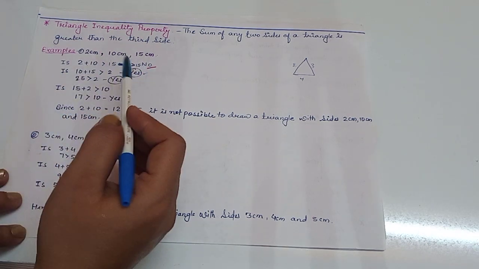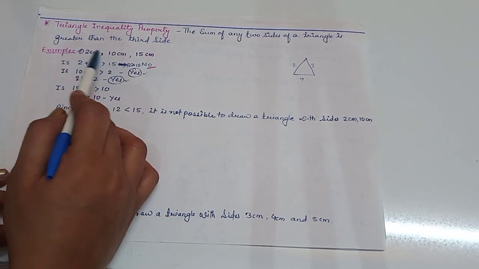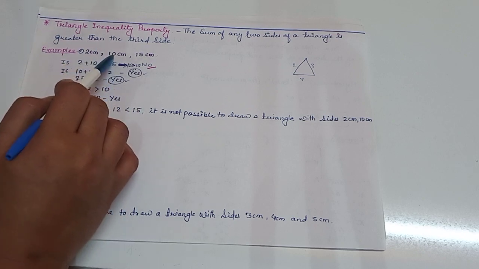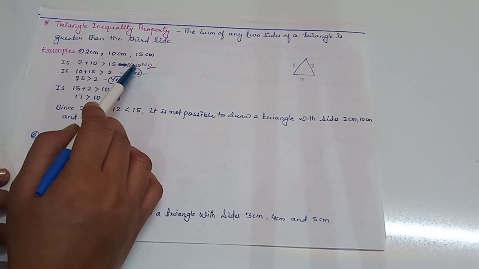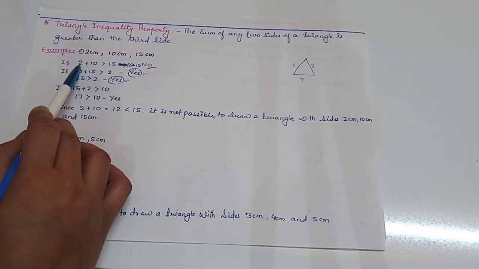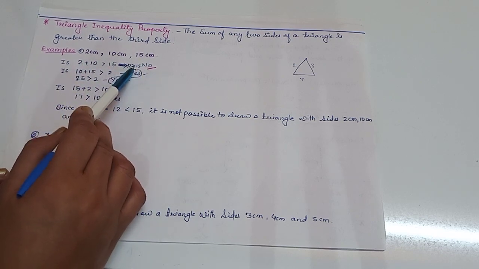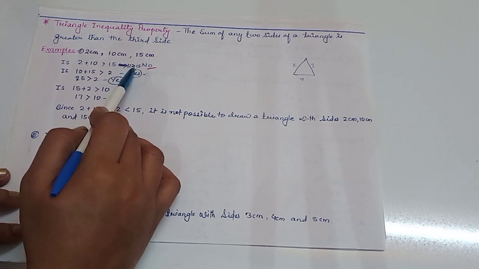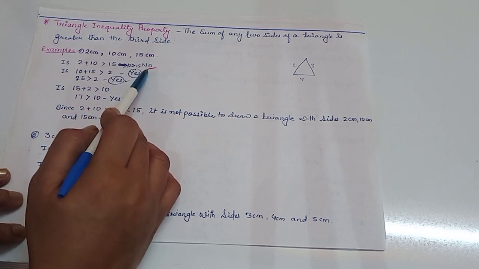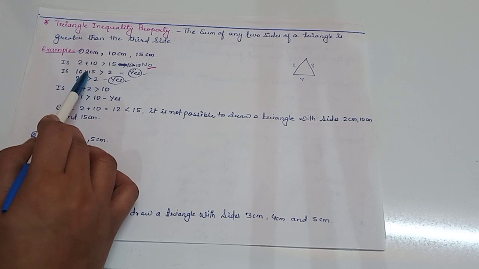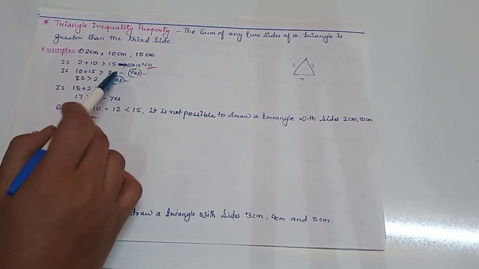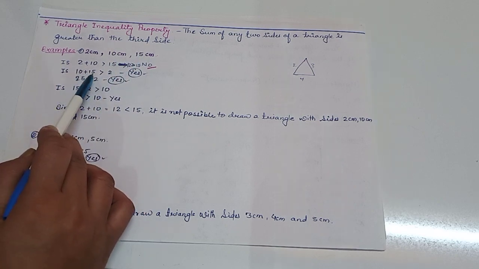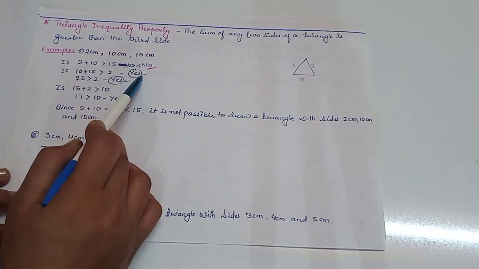So how can I prove this? We check if the sum of two sides is greater than the third side, that is 15 centimeters. 10 plus 2 is 12. Is 12 greater than 15? No, it's not. The condition is not fulfilled. Now, I will leave this one and take the rest. 10 plus 15, yes, is greater than 2. Agreed? Yes.